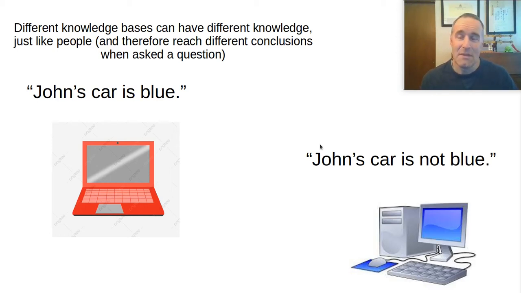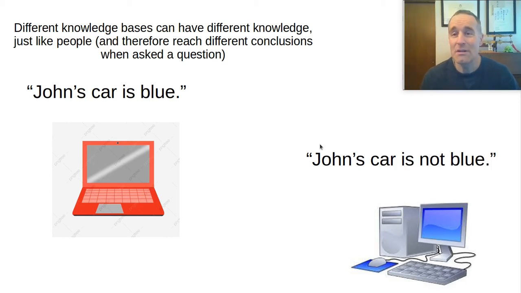Well, maybe it's actually that there are two different people that believe those things. And so if one person believes John's car is blue and you ask what color is John's car, you get the obvious answer, blue. If you ask the other person, or maybe a computer or process on a computer, and the fact that's known is that John's car is not blue, and you ask what color is John's car, well, you get either I don't know, or maybe that it's not blue, or maybe a list of other possible colors or something of that sort.